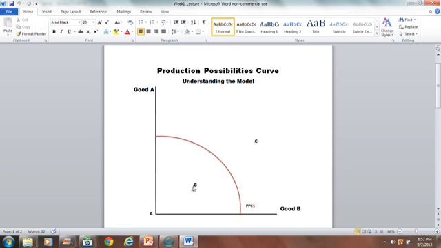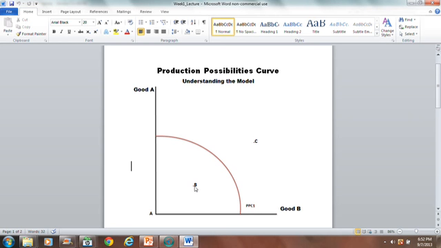Inside the curve, point B is considered a mixed case because it involves some waste. That is, given the assumption that every point on the curve and every point inside the curve, like B, if produced, would be produced using all the resources. If I produce a point on the curve, I use all the resources. If I produce a point inside the curve, like B, I still use all the resources in that choice.